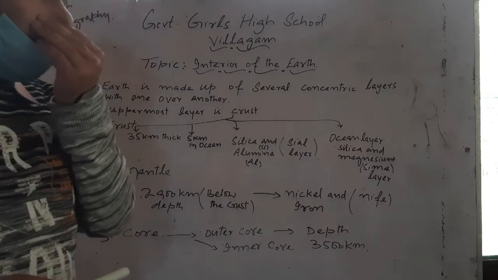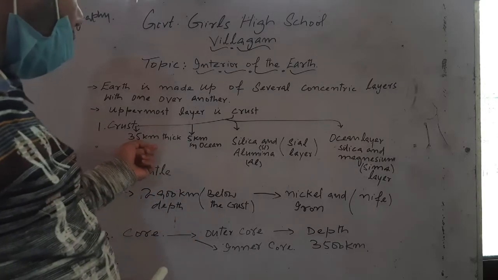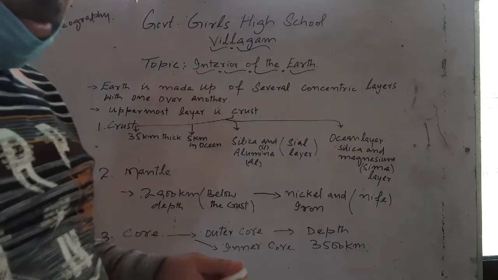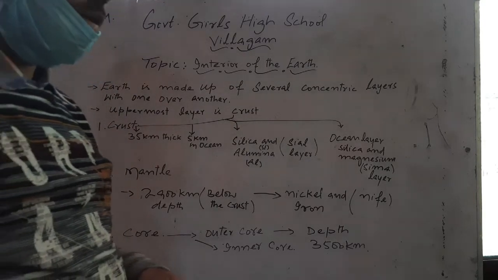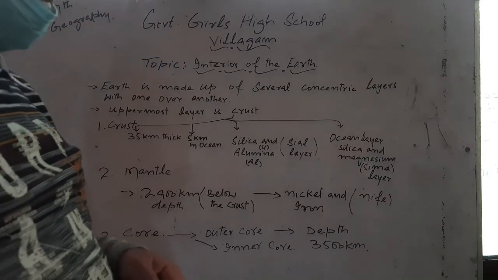The uppermost layer is called crust, and this crust is up to 35 kilometers thick in the dry region, or we may say the area of the earth having land.